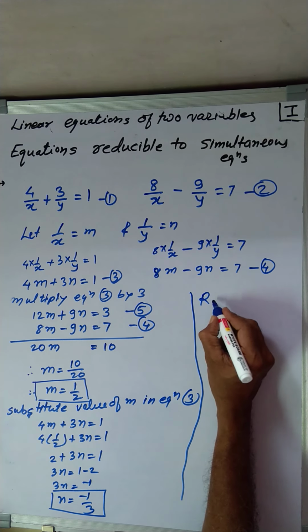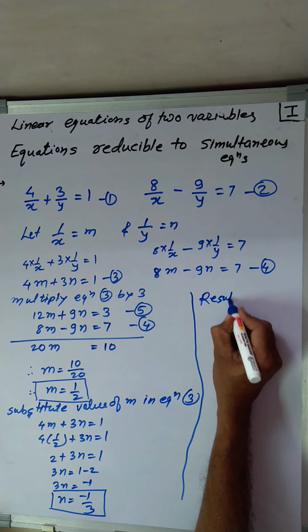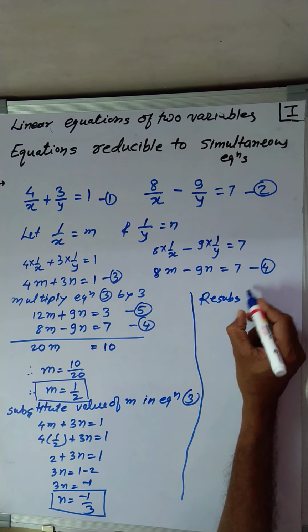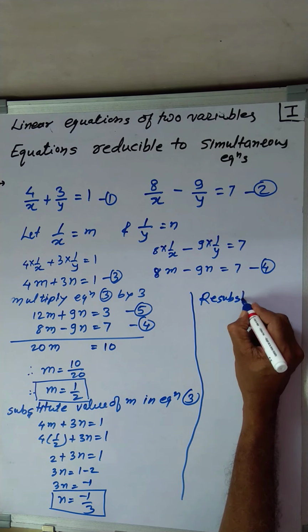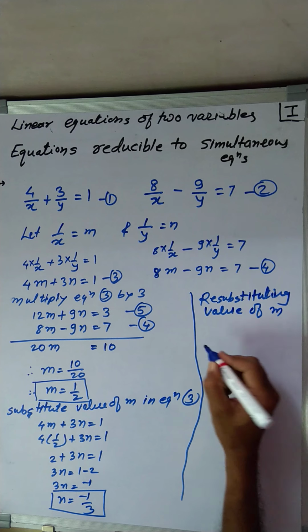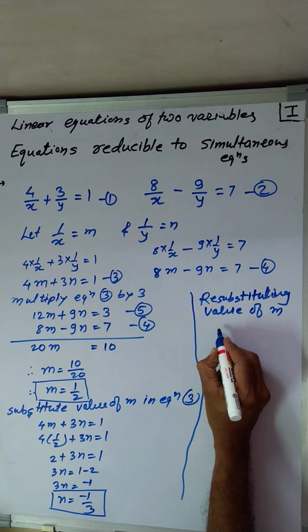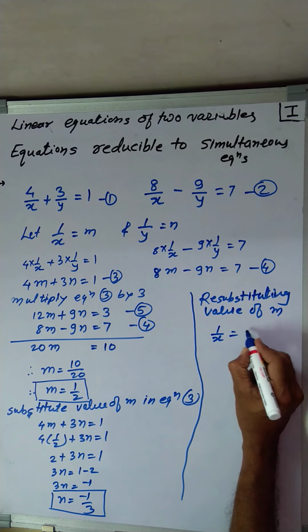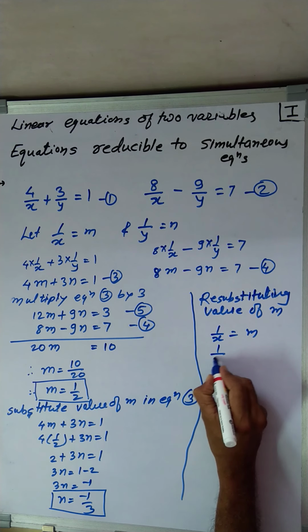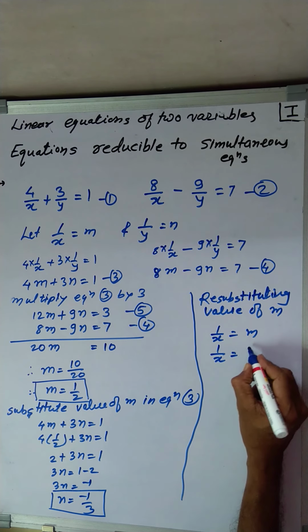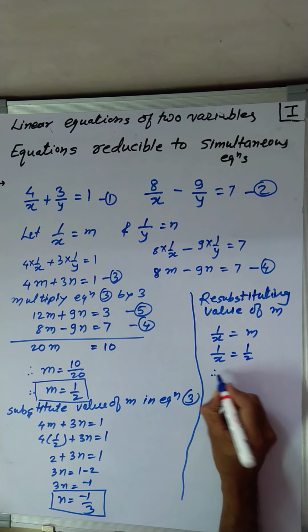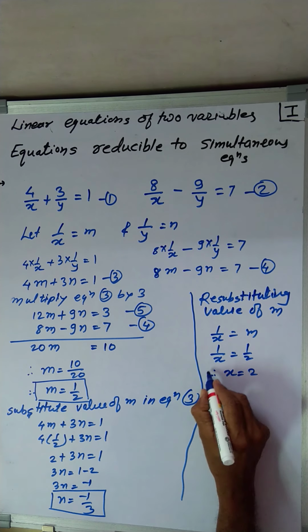Now resubstitute the value of m. We get 1 upon x is equal to m. The value of m is 1 upon 2. Hence x is equal to 2.